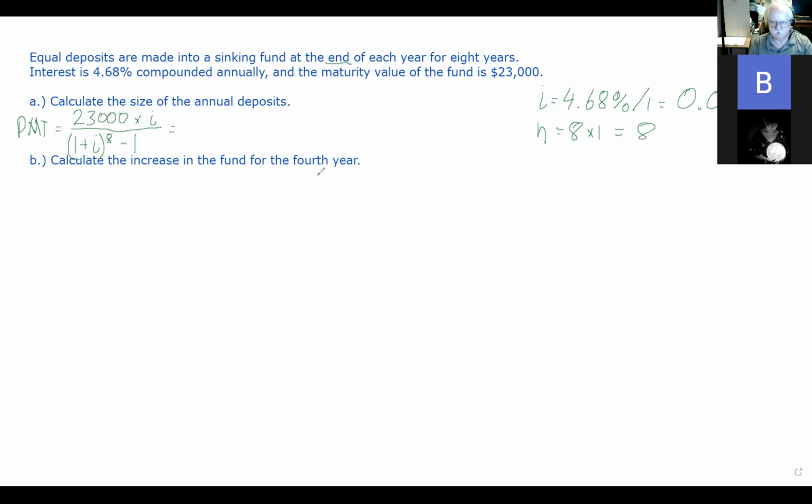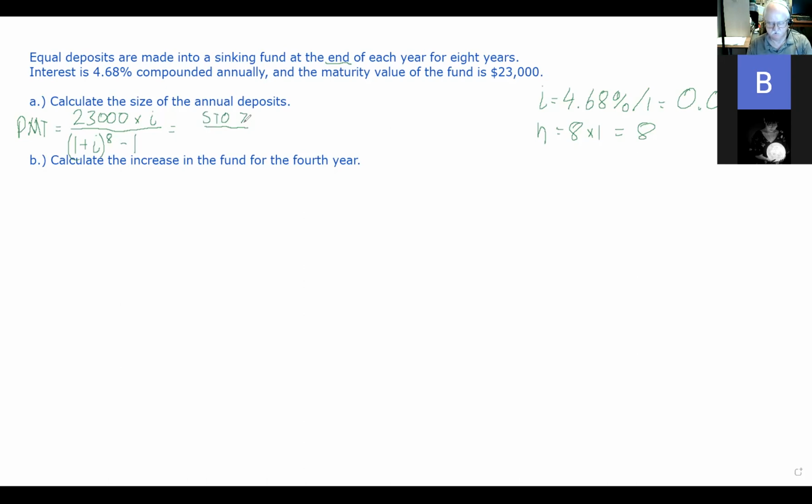First off, did we save this? No. So 4.68% and store that in 1. So 23000 times recall 1. And we'll store this top part in store 7.